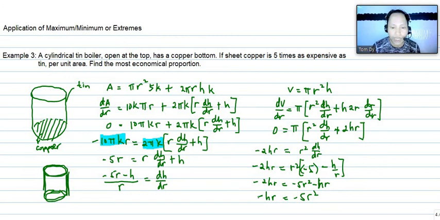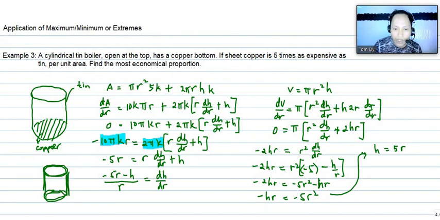So for this case, negative negative cancel, so r transfers to the other side. So what remains here from this equation? We have here h, which is equivalent to r transferred to the other side, that becomes 5r.